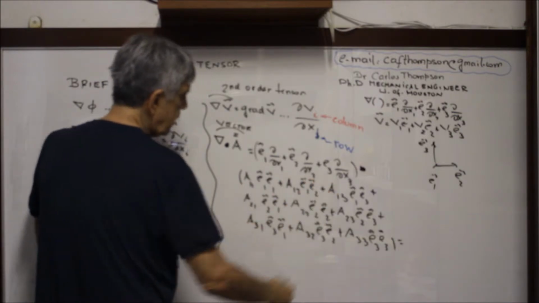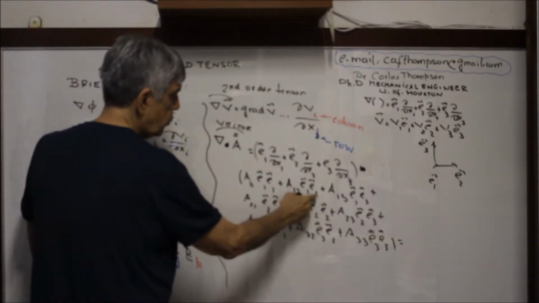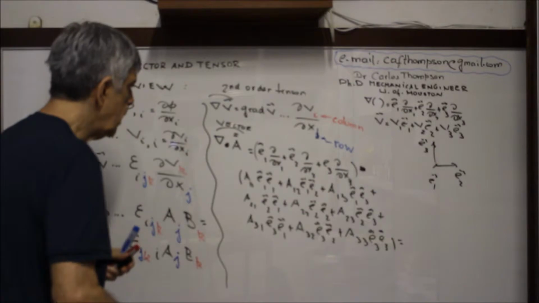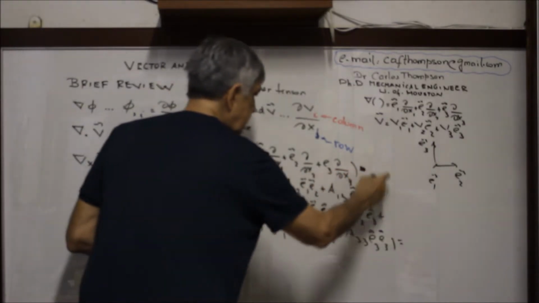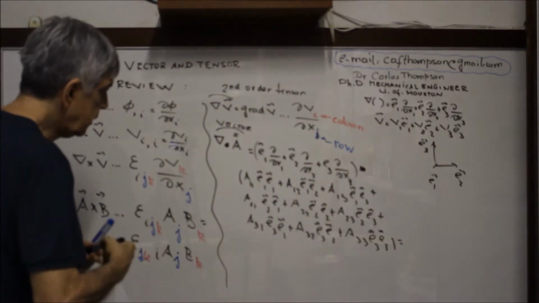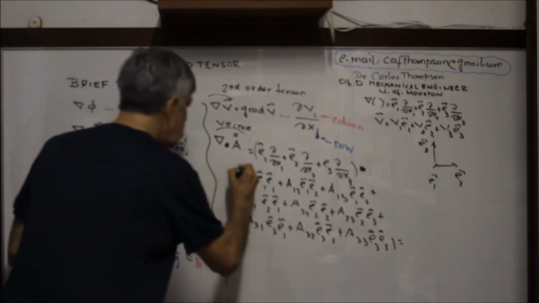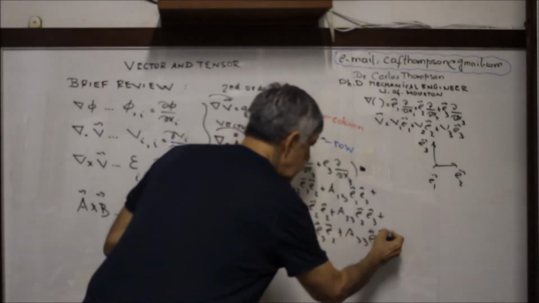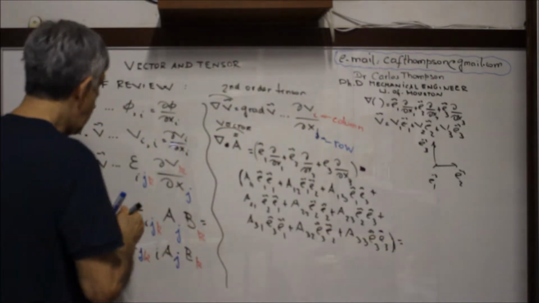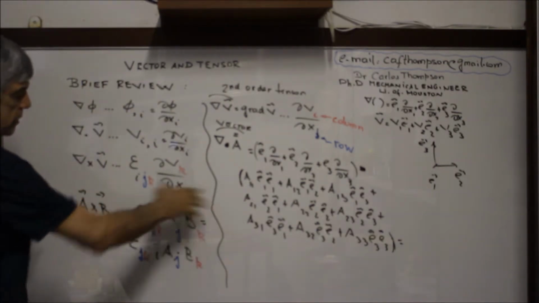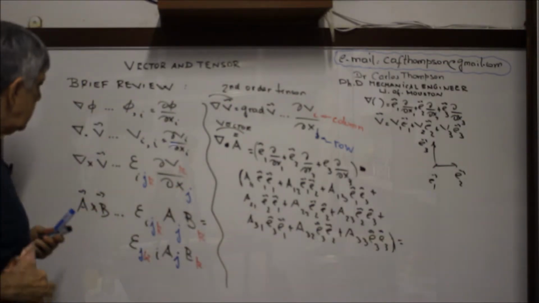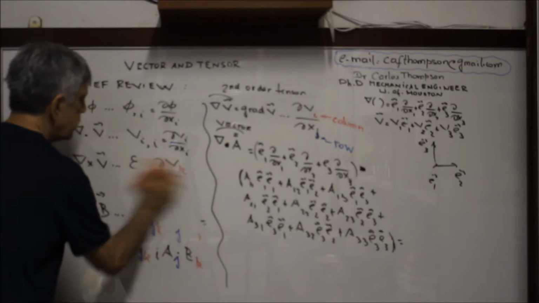This is a second order tensor. This E1, E2, and so on. Now let's do the dot product. You see this here, let's close here. I will erase here and continue on this left part of the board.